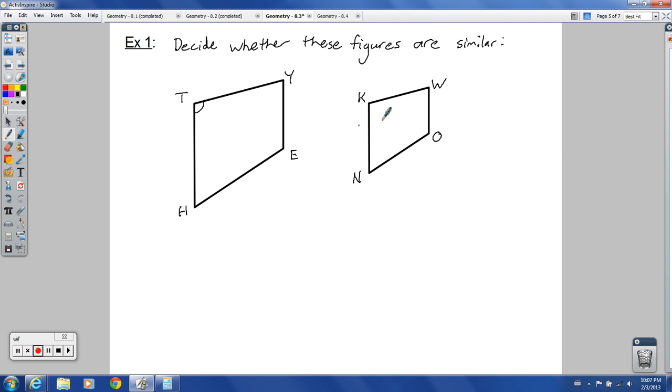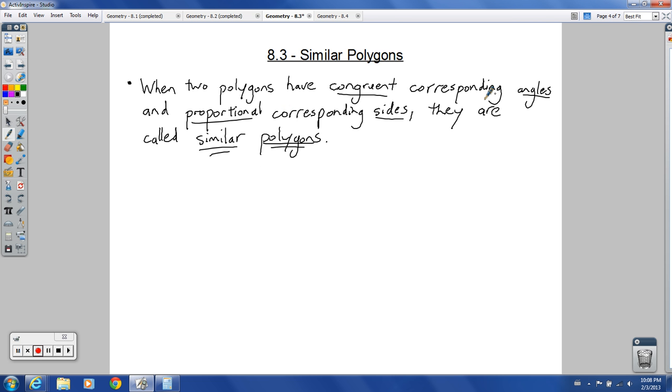So we're going to say that T matches up with K, one mark, that H matches up with N, 2 and 2, E matches up 3 and 3 with O, and that Y, 1, 2, 3, 4, is going to match up with W over here, 1, 2, 3, 4. So the first part holds where we have congruent corresponding angles.